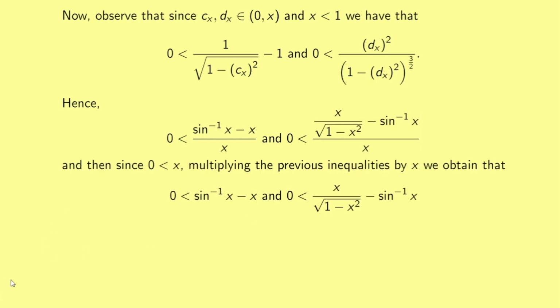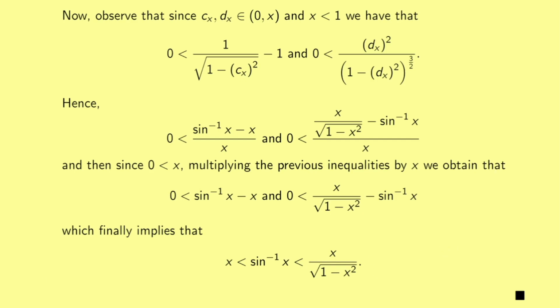Now, since x is a positive number, we can multiply both these inequalities by x, and we obtain this one on one hand and this one on the other. We are done, because all I have to do is rearrange the expressions, and we get that x is smaller than sine inverse of x, which is smaller than x over the square root of 1 minus x squared.